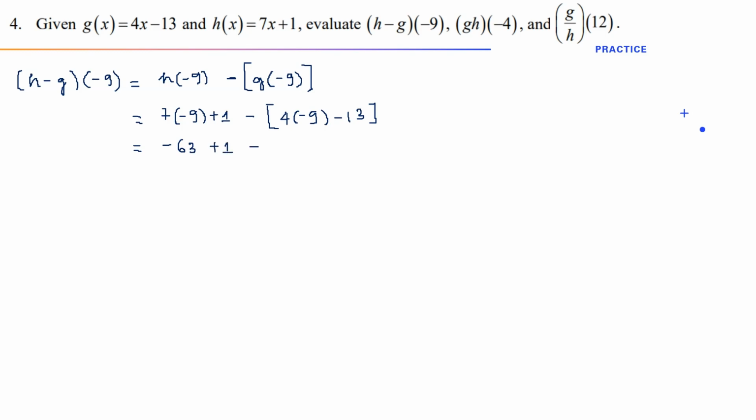Okay, minus 4 times negative 9 is negative 36. Okay, so we distribute that negative, we get plus 36, and that negative with the negative 13 is going to be positive 13. So we have plus 36 and plus 13.